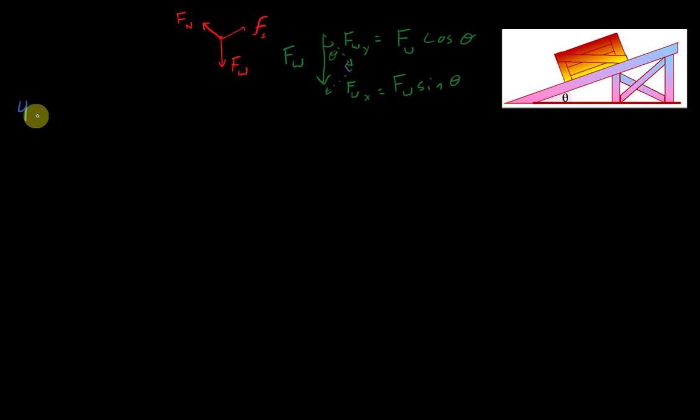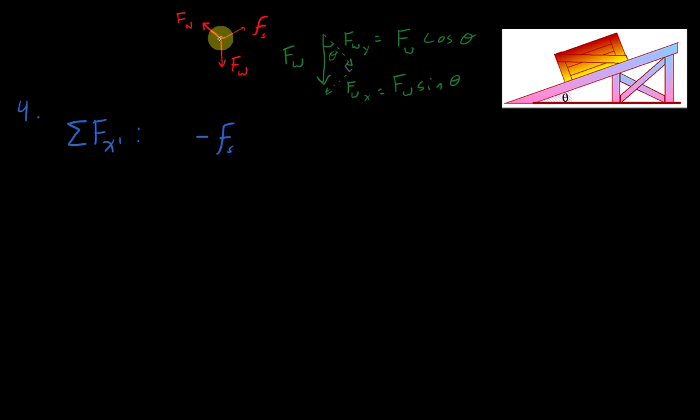Okay, I'm on step 4, setting up Newton's second law. Let's look at the sum of the forces in the x direction. And technically it's the new x direction. Again, you don't have to put that little prime symbol. What is acting in the x direction? The frictional force is acting in the opposite x direction, so I might have an opposite Fs.